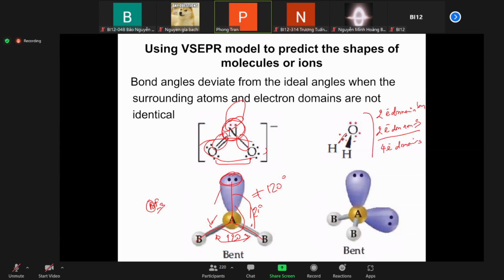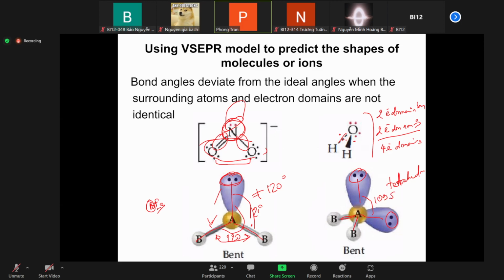And when you predict the geometry of this molecule, taking the whole bonding and non-bonding, you can say the molecule water can adopt this tetrahedron, with the 2 non-bonding and 2 bonding domains. So in the case of a perfect tetrahedron, this angle will be 109.5.